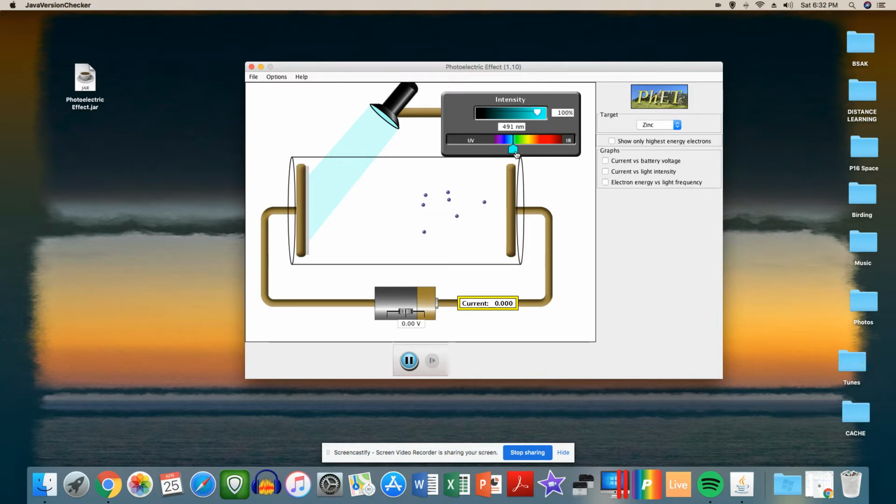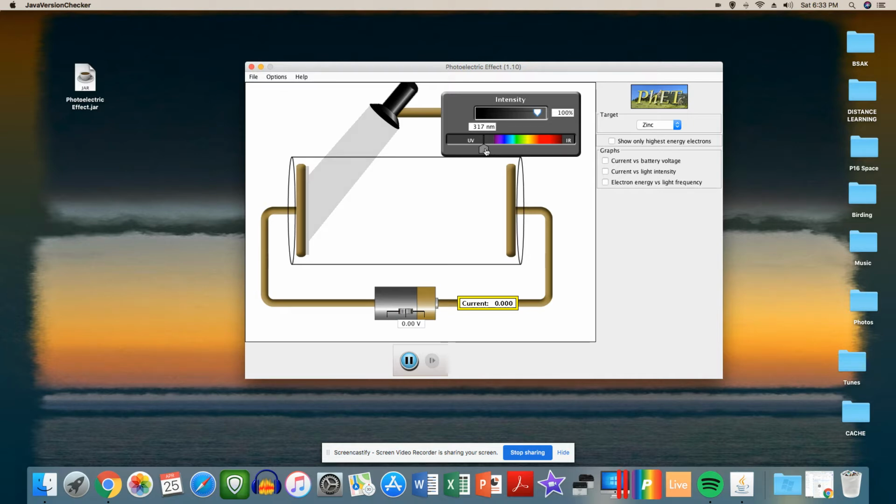Now we can find what is known as the threshold frequency. The threshold frequency is the frequency at which electrons are just emitted. So if we take the wavelength down, we turn the frequency up, so this is violet, we're just about to go into ultraviolet, still nothing, still nothing, still nothing.